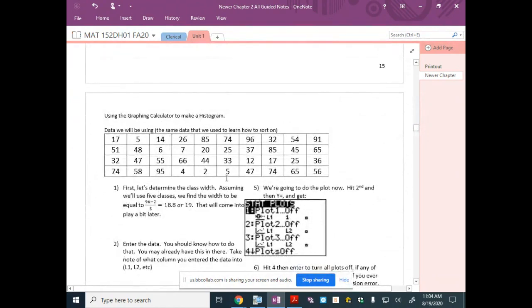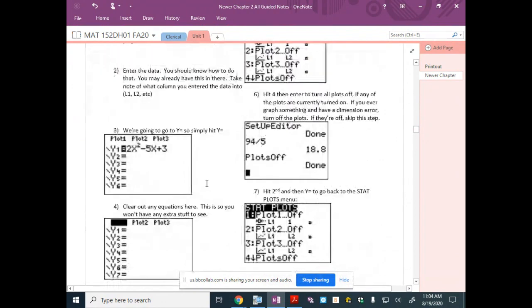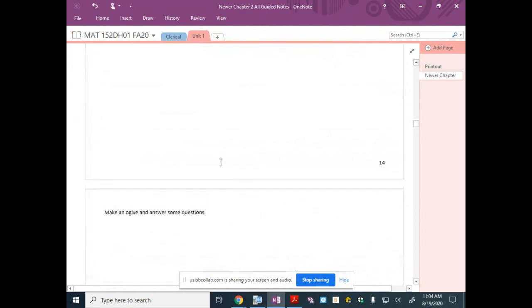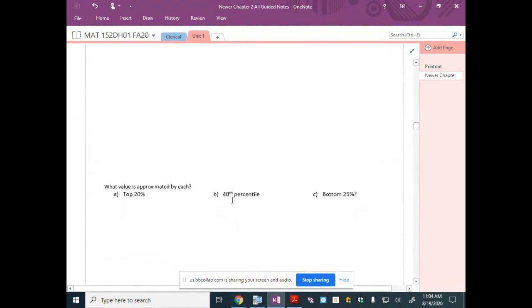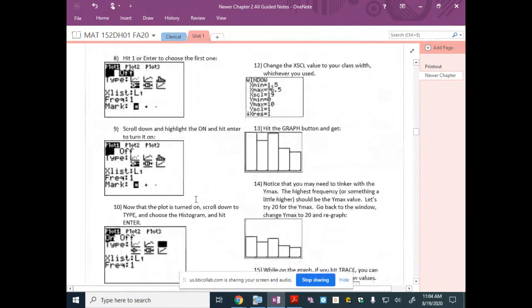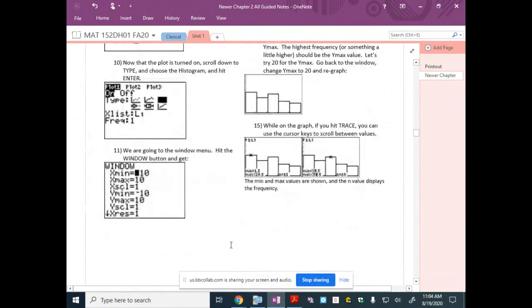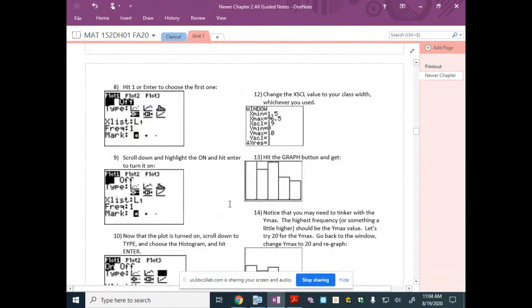Now, they're using different data here. But we have to keep in mind two things: our class width and our X-min.